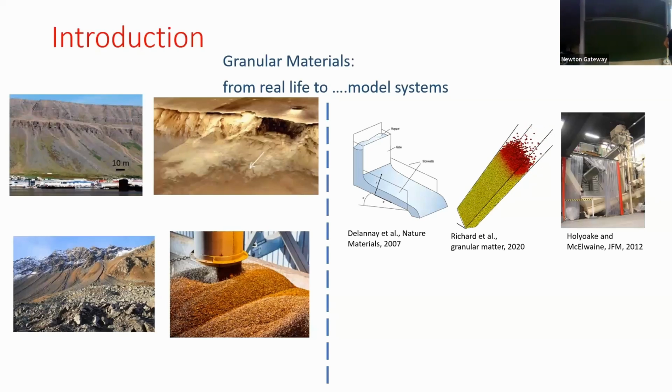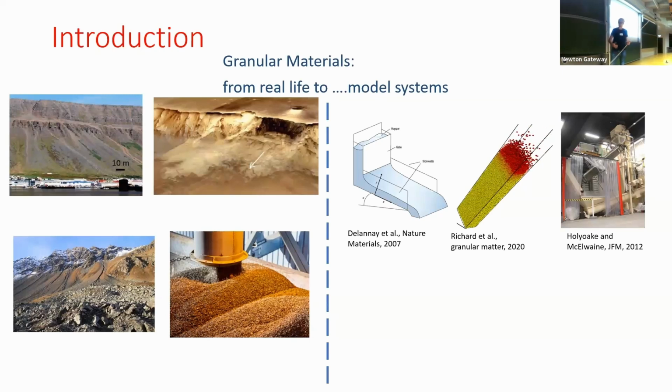So, if you want to study granular flows, to try to understand what happens in real life, you often use very simple systems, very simple models, like sheet flows. Also, we have sheet flows, or simulations.